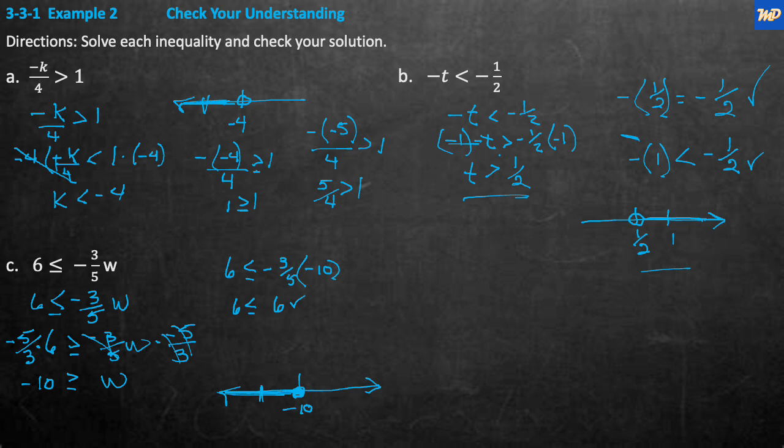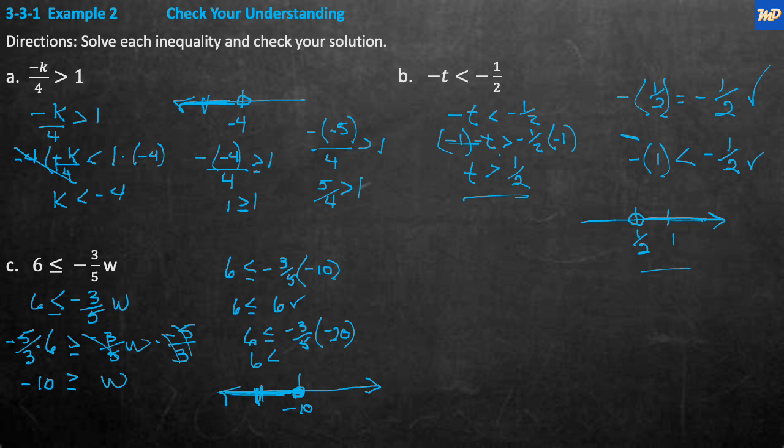Now let's check the less than part. So is 6 less than or equal to, and let's pick negative 20. Because negative 20 is part of the solution, right? Anything to the left of negative 10 is a solution. Got a little sloppy on that. So now let's solve that.